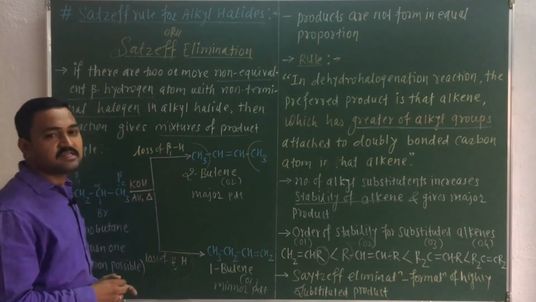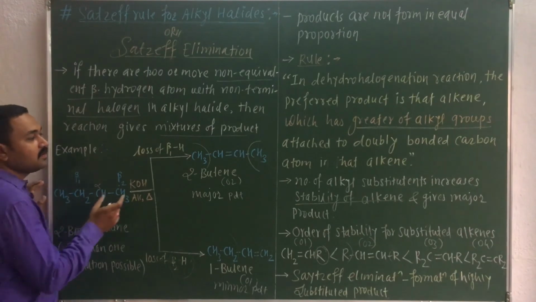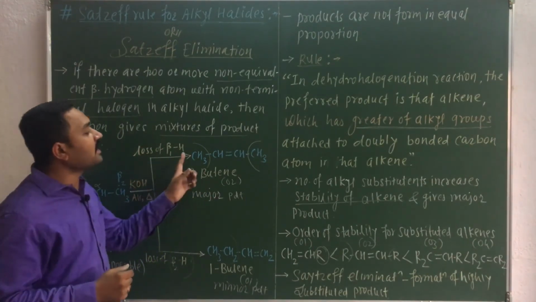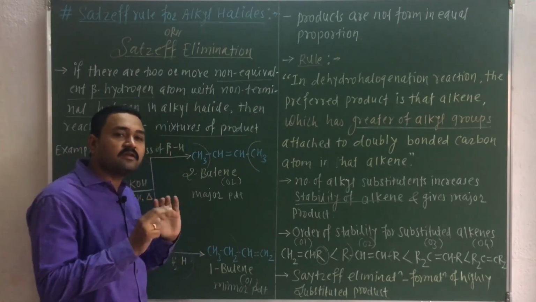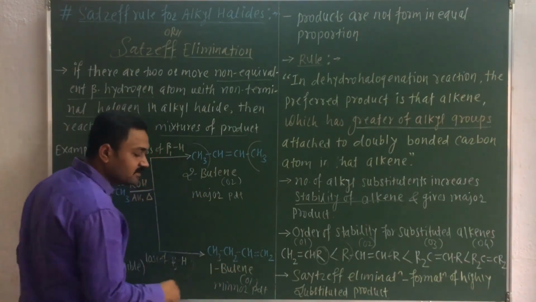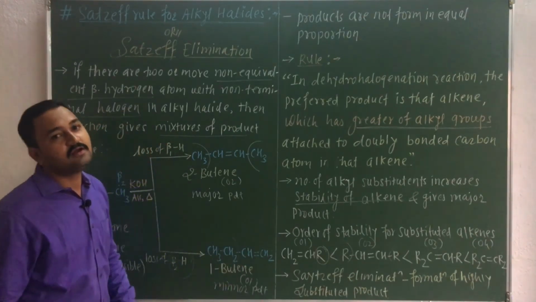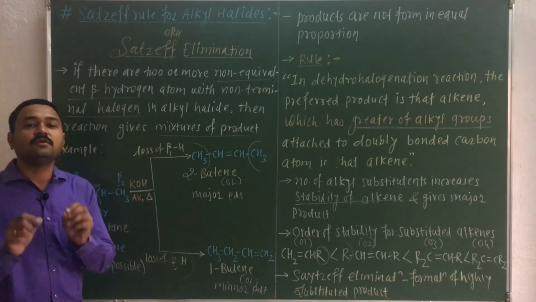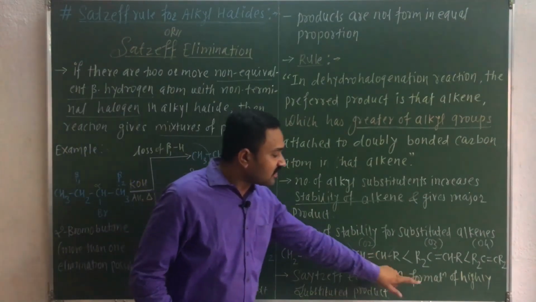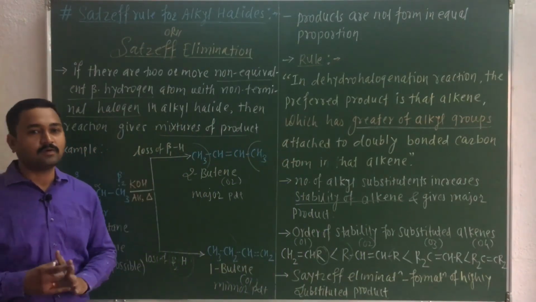To summarize Saytzeff's rule: the product with more substituted alkyl groups will be stable and will be the major product, and the product with fewer substituted alkyl groups will be the minor product and is less stable. This is the importance of Saytzeff's rule. Saytzeff's rule prefers the formation of highly substituted alkene compounds.